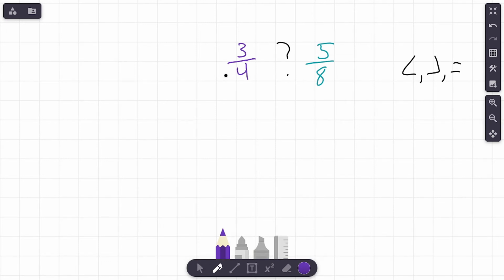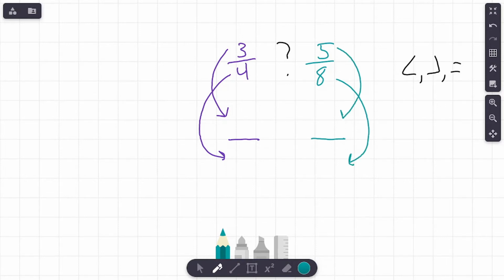So what we're going to be doing is taking these two fractions and multiplying the numerators and the denominators, and then we're going to compare them. What we're trying to do is find a denominator that both of these fractions have in common.